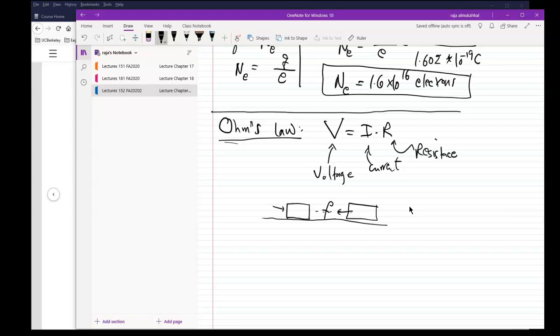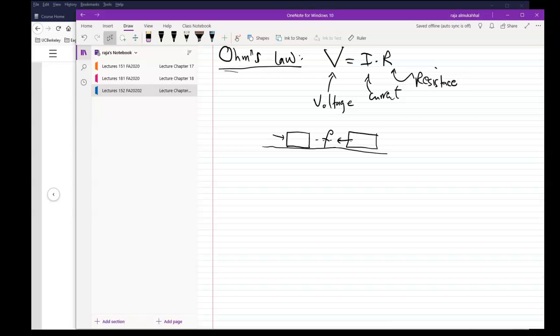So what I want to do now is find a mathematical way of describing resistance. Okay, so what does resistance depend on? Well, I discover that resistance is proportional to the cross-sectional area. In other words, for example, I have two wires made from the same material, the same length.